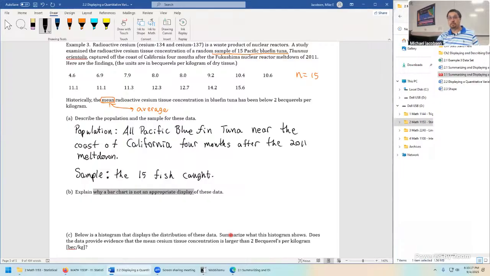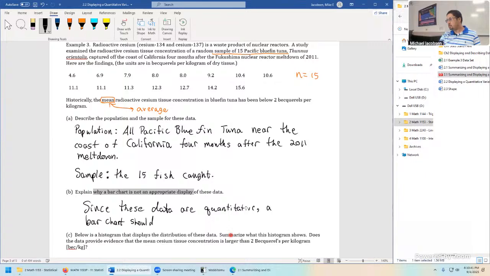So we might answer this one just by simply saying, since these data are quantitative, a bar chart should not be used.